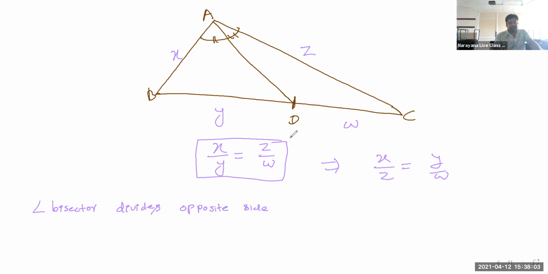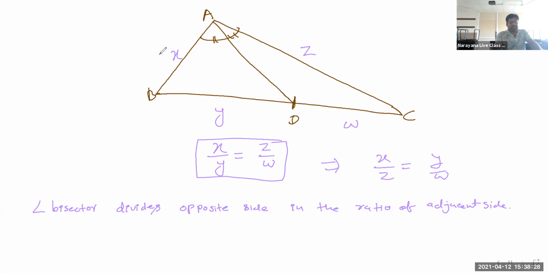Opposite side means BC. So the angle bisector divides the opposite side BC in the ratio of the adjacent sides. Adjacent sides means AB and AC.